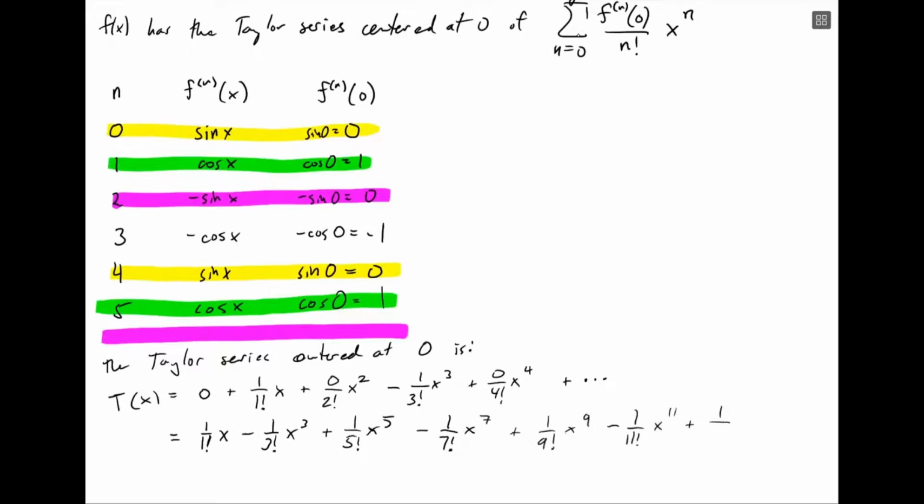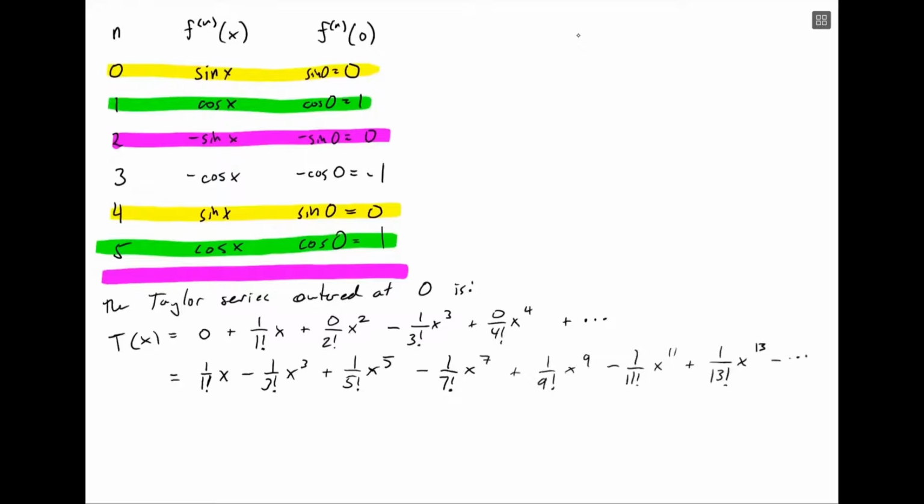It's basically up to you to be able to spot the pattern and write a formula for whatever's happening here. So hopefully what I've got on the screen now is enough for you to spot the pattern and write a formula for it.